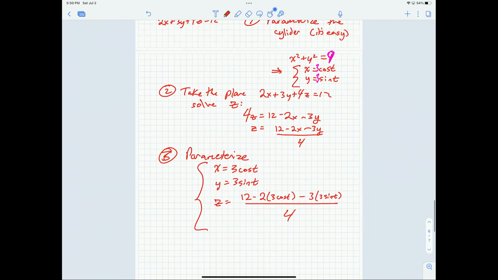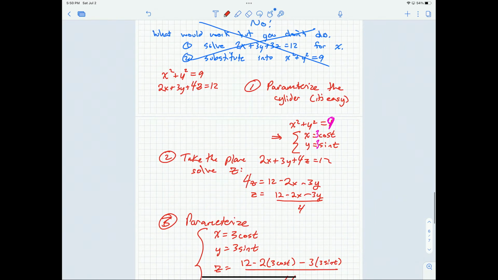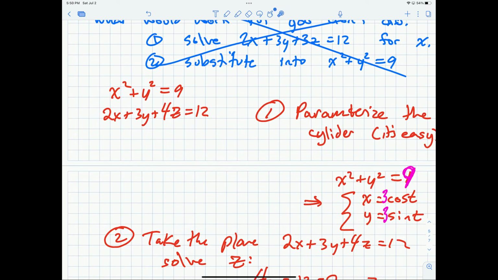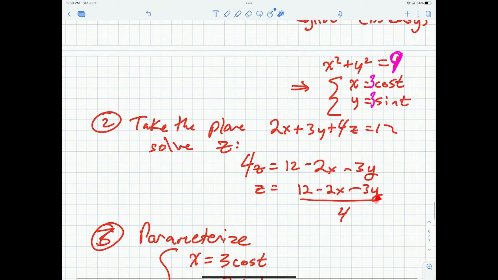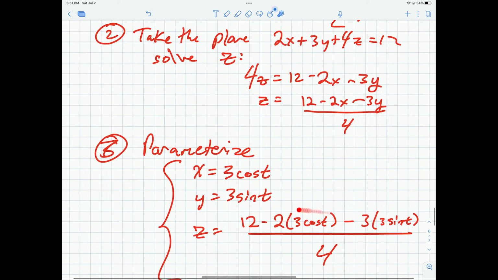And so the key here is just understanding that they're giving you these two things, and what you do is the one that has fewer variables in it, like this one, you try to use that to come up with your part of the parameterization, and then once you have 2 of the variables done, then you can go and do the other equation, which comes from the other surface, right? So this came from one of the surfaces, and then the z came from the other surface. So that makes the circles, and then that's on the plane.